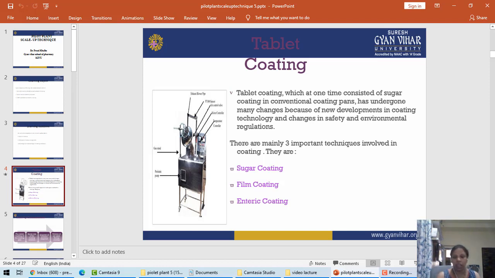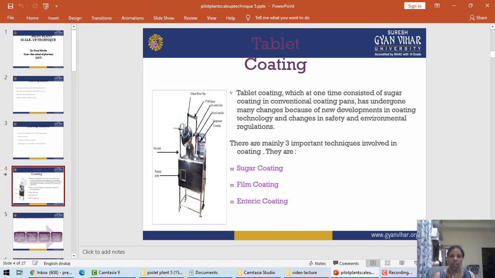Similarly, there are multiple things which require coating. For example, if you want to release your tablet, your formulation, at a certain place, then you also require coating. So there are multiple applications related to the coating.